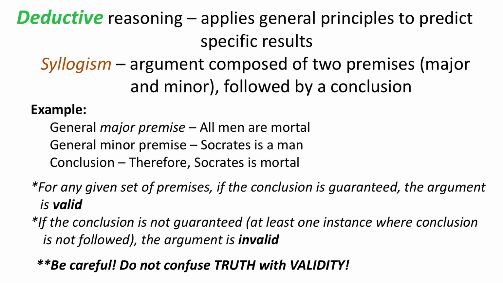This was explained in the video that we watched in the first part when they talked about gravity, of how if there was one instance where the conclusion that the pin would drop was not followed, then that would render the argument for gravity as invalid. It's also important to be very careful and not confuse truth with validity.